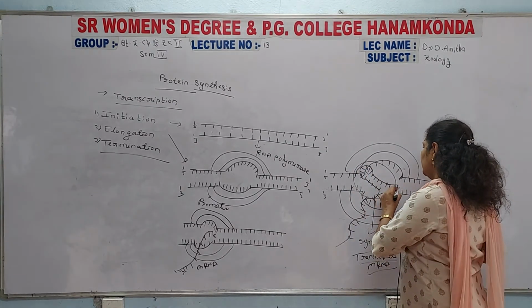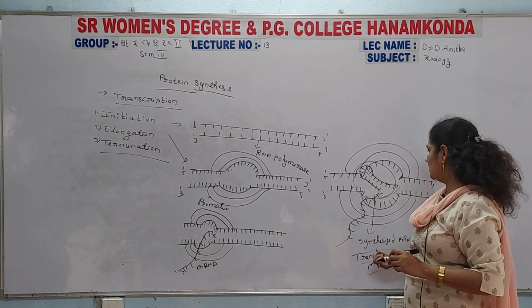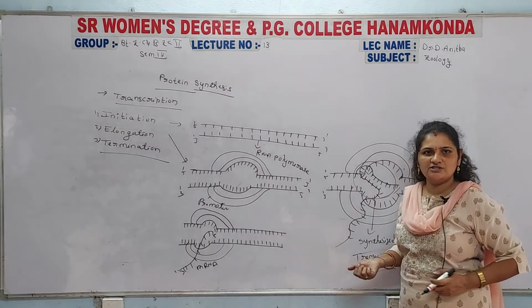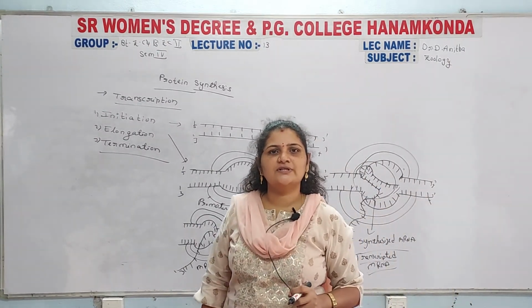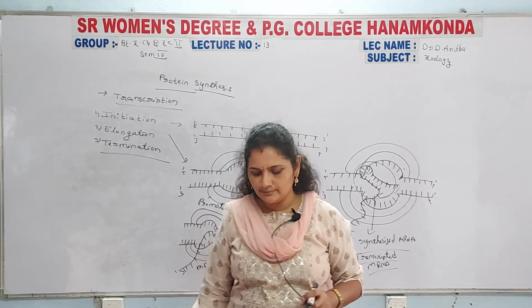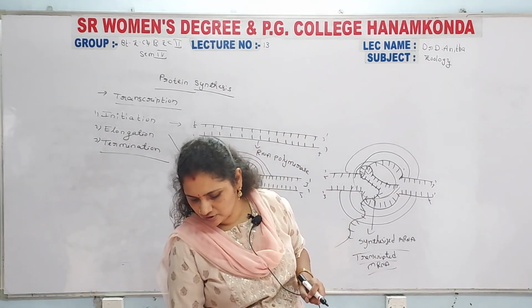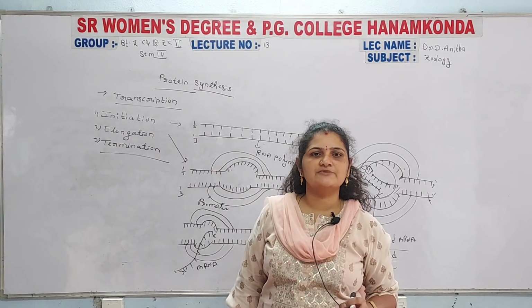A hairpin-structured mRNA is synthesized from the DNA. That is the complete process of termination, the end of transcription. In transcription, the main aim is that the information from the DNA is completely transmitted to the mRNA.